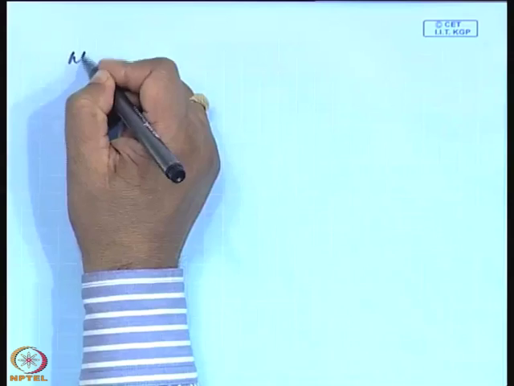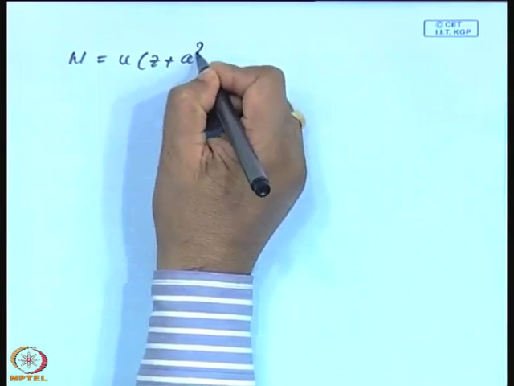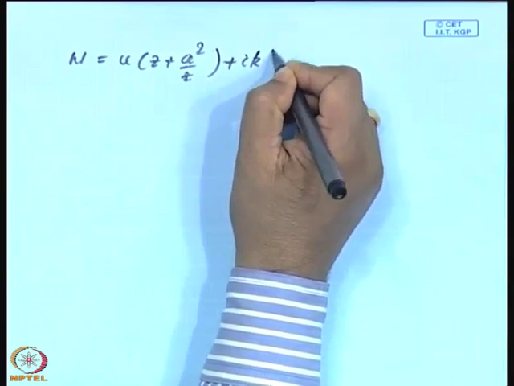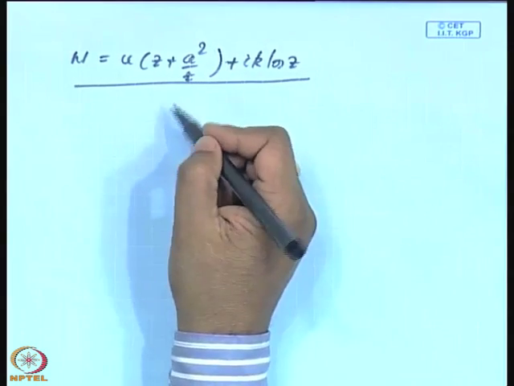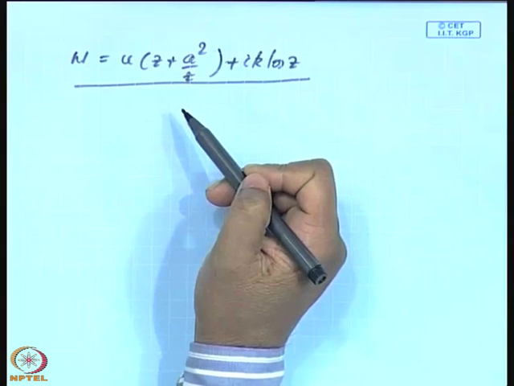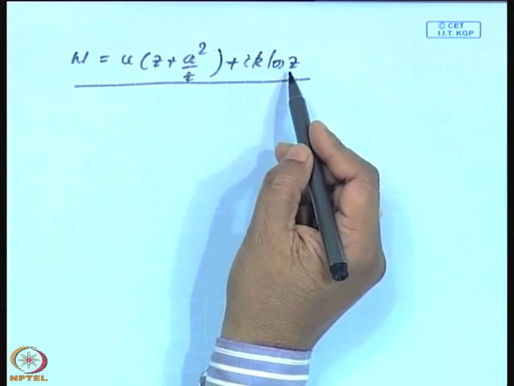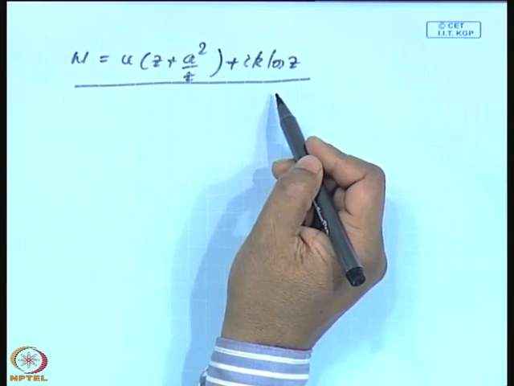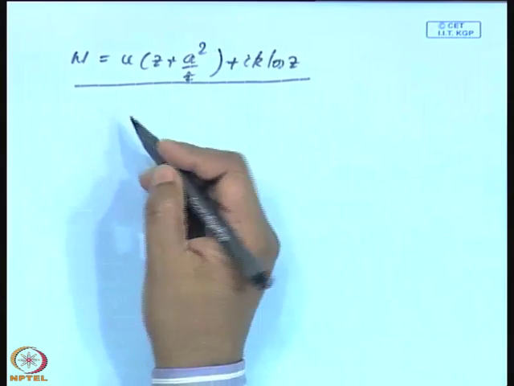Suppose W is U (z plus a squared by z) plus ik log z. This velocity potential represents an infinite cylinder placed in a uniform flow, in the presence of a vortex, and the circulation k is the strength of the vortex.